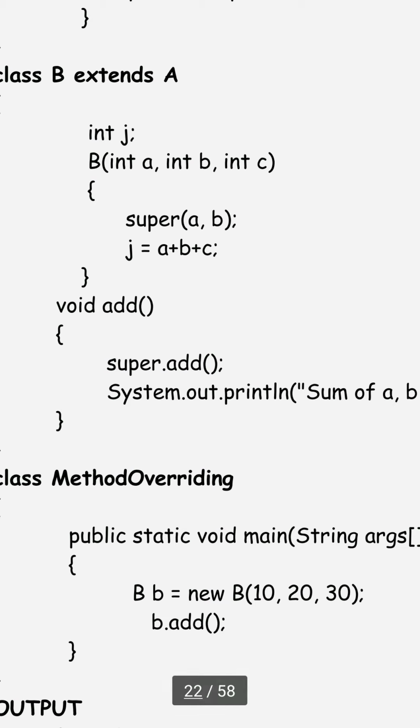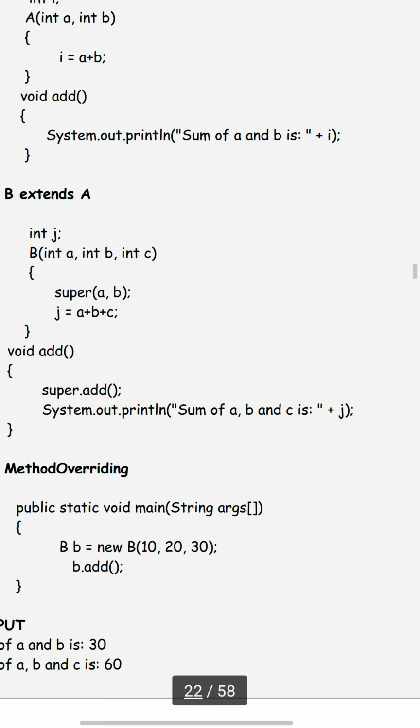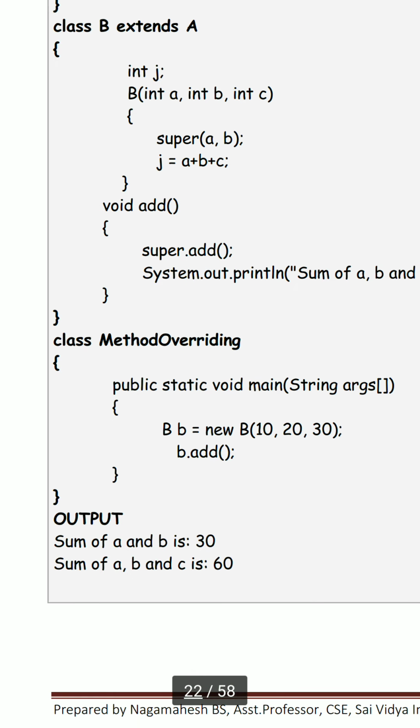Then in the void add method we have super.add. Super.add is going to call the superclass add method, so it is going to call this method. Here we are going to print the value of i, that is 30. So here you see the sum of a and b is 30.